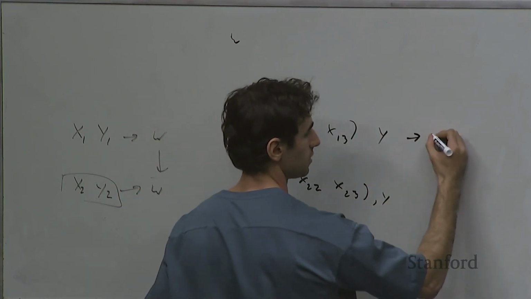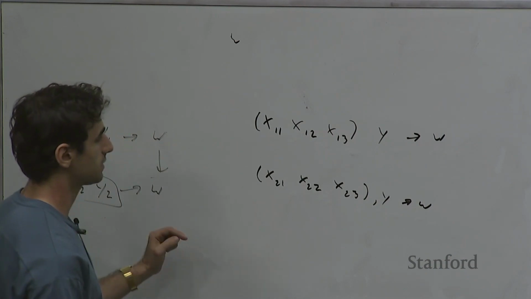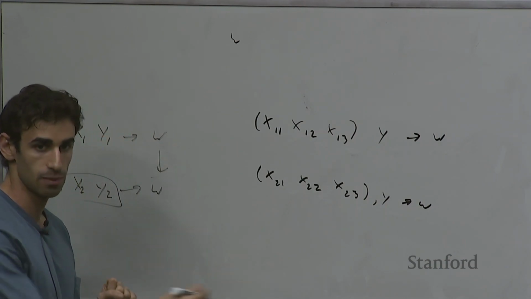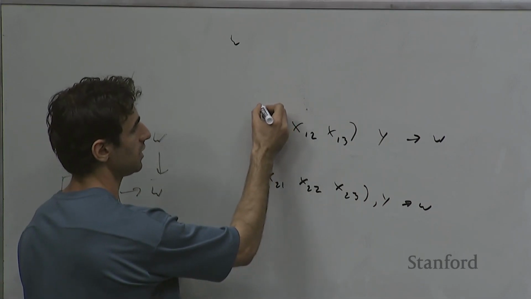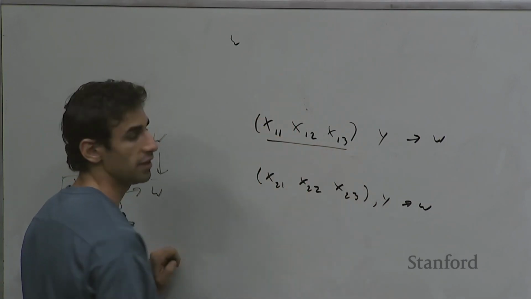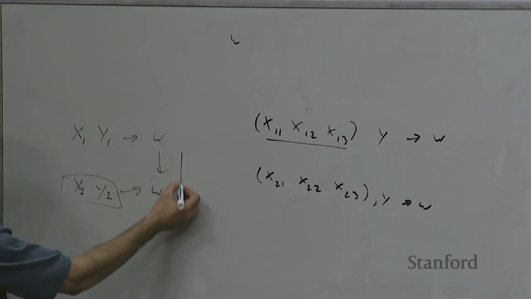And then you use this to update w. And in this setting, when we talk about time or temporal, when we talk about a sequence, we're talking about a sequence here in the data, not necessarily in the learning.